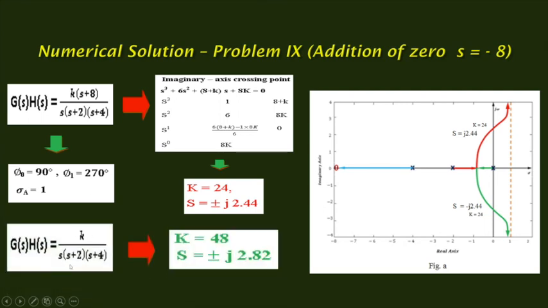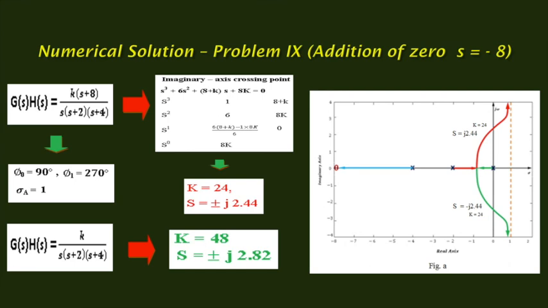If there is no zero, I have already discussed this example, K at the imaginary axis is 48, and when the zero is added, K at the imaginary axis is equal to 24. That means if a zero is added in the system, then obviously the value of K varies.